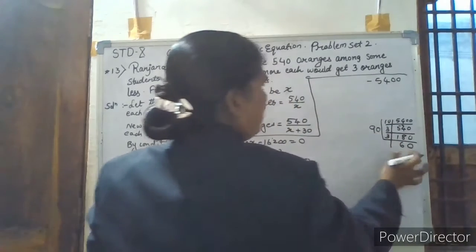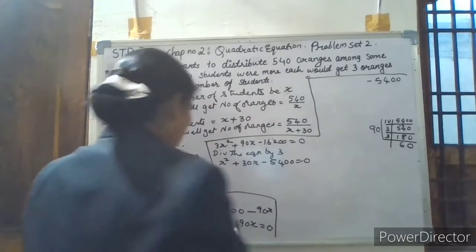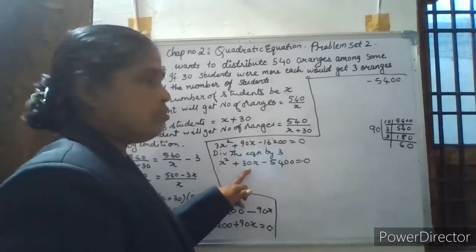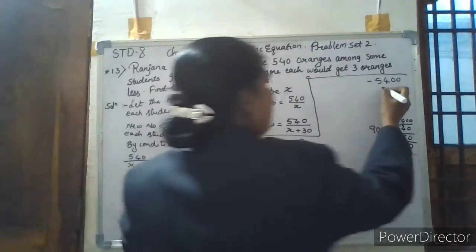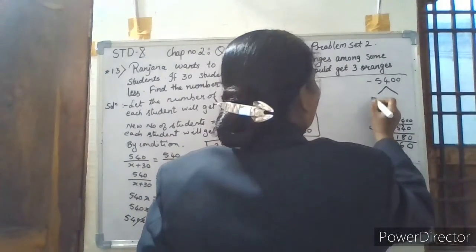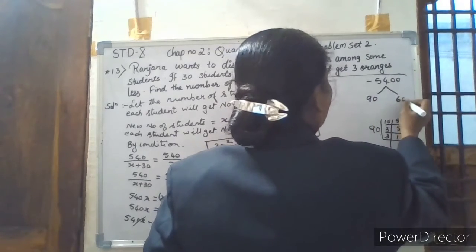Yes, 90 minus 60 gives the middle term 30. So the number is split as 90 and 60.